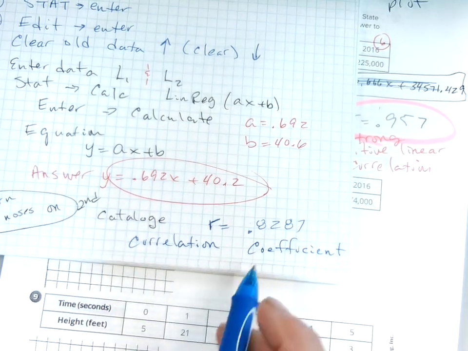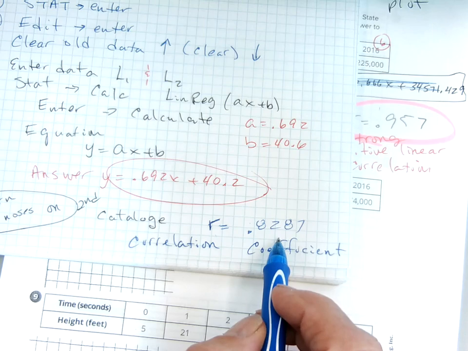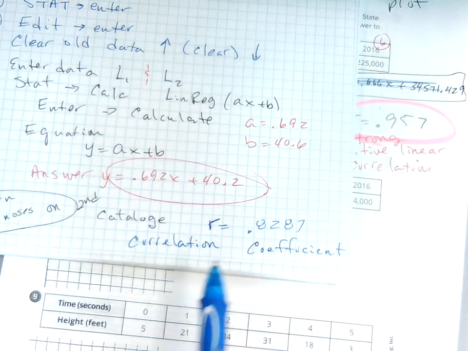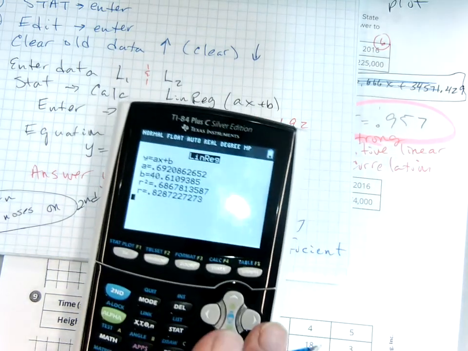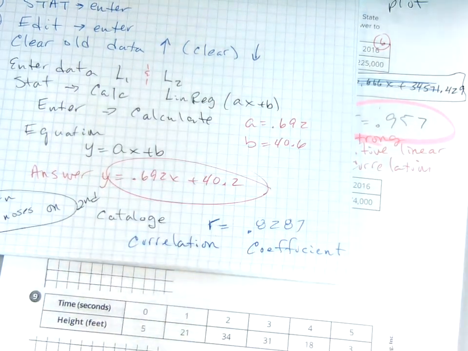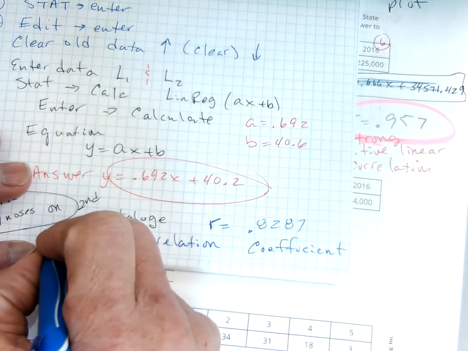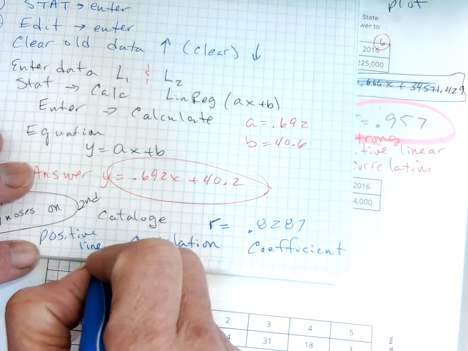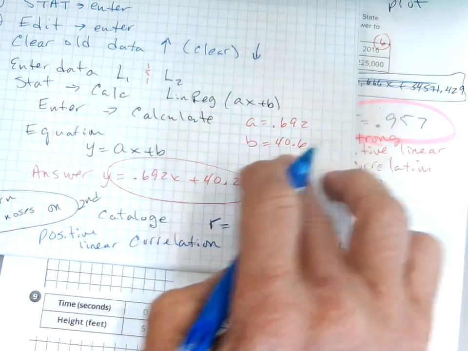This r is about 82% good, which means my points line up pretty well, but that's not a very strong r. A strong r is close to 99. So this is not a very good one, but it's a positive correlation. We're going to say it's a positive linear correlation, positive because it is a positive number and because my points go up.